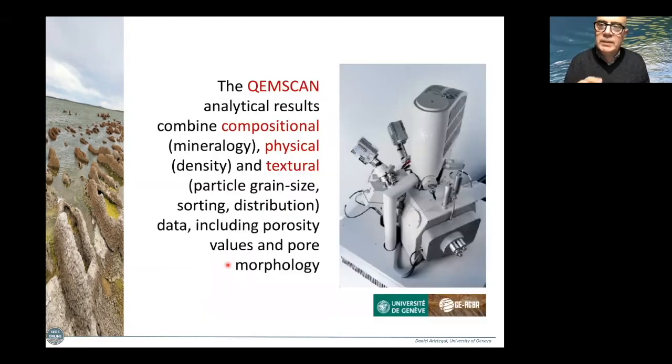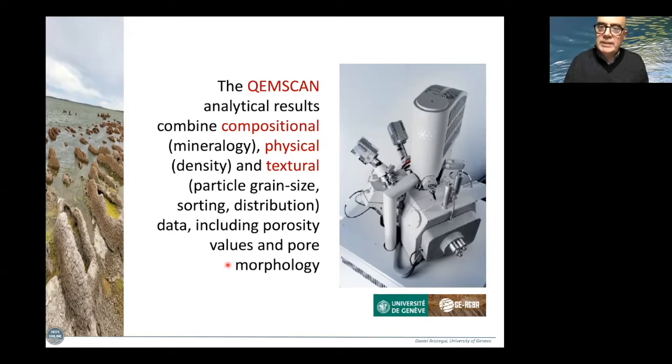I take advantage of this presentation to show you something new, a method that we are using in Geneva called Chemscan, which combines the mineralogy, the density, and the textural data, including porosity and pore morphology.